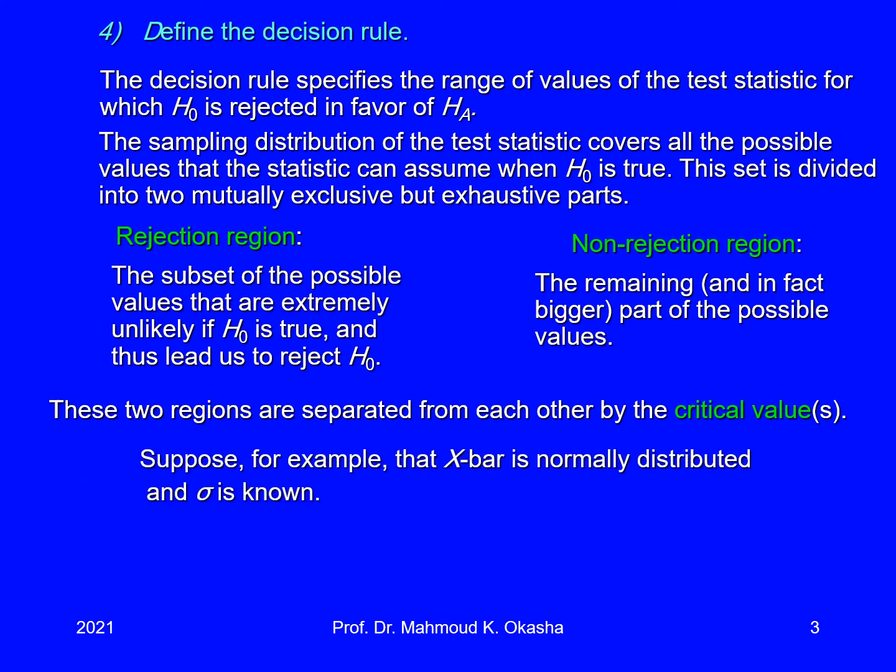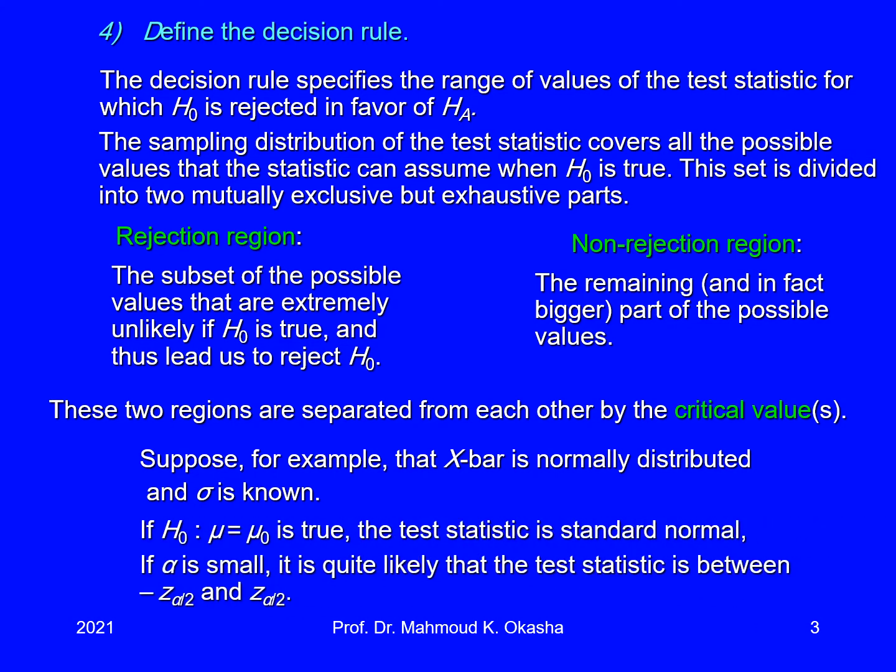For example, if X bar is normally distributed and sigma is known, then for the null hypothesis H naught, mu equals mu naught, we choose alpha, the significance level, that's the other step.